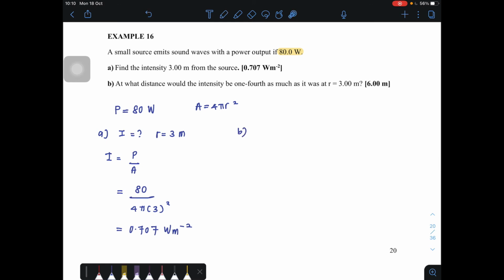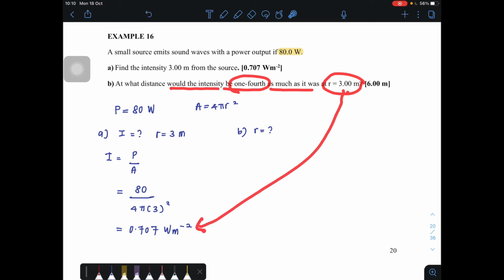Okay, next one, we want to find at what distance. What distance maksudnya value for R, would the intensity be 1/4 as much as it was at this distance? So this distance tadi kita sudah cari dia punya intensity, which is this one.